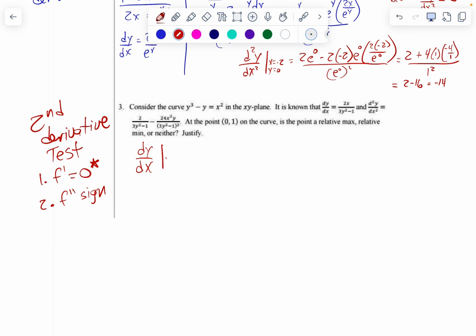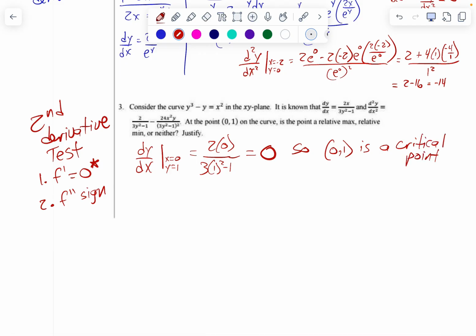So we're evaluating at the point x equals 0, y equals 1. That is 2 times 0 over 3 times 1 squared minus 1. So is (0, 1) a critical point? Yeah, this equals 0. So (0, 1) is a critical point, and we can continue.